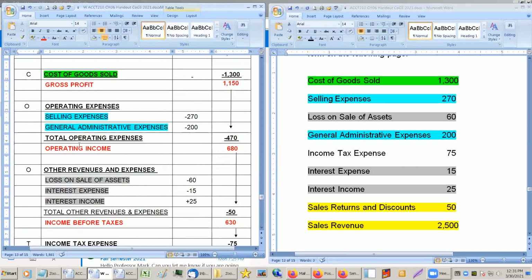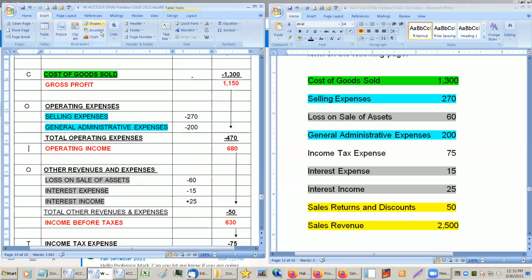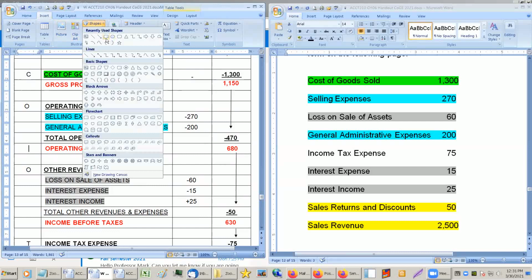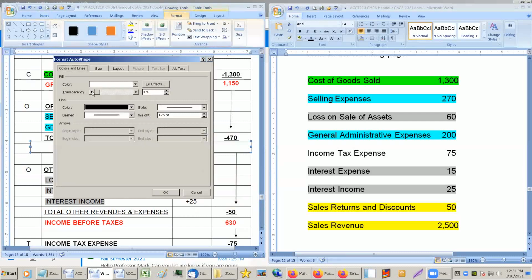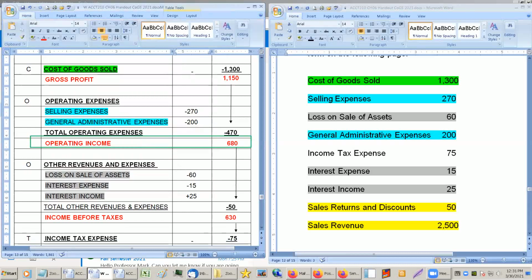And I think I told you guys this, but a lot of times when people are analyzing companies to see how well they're doing, the operating income is actually the one that they will look at the most.